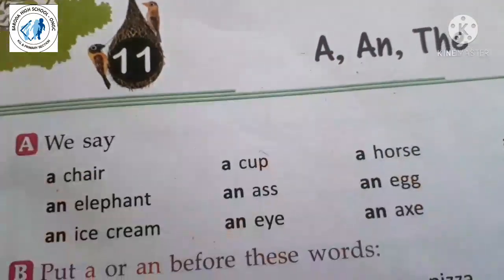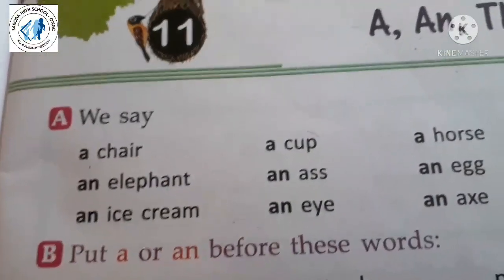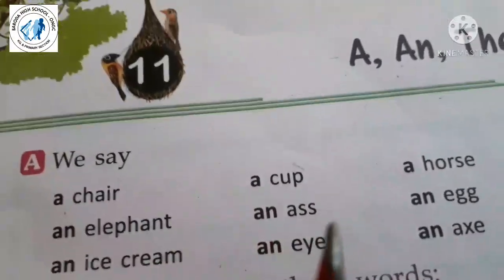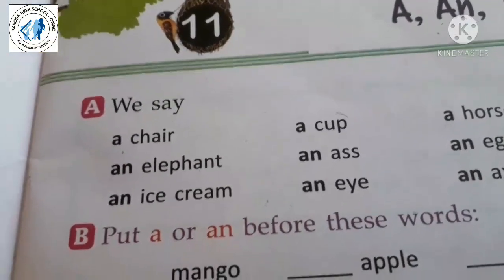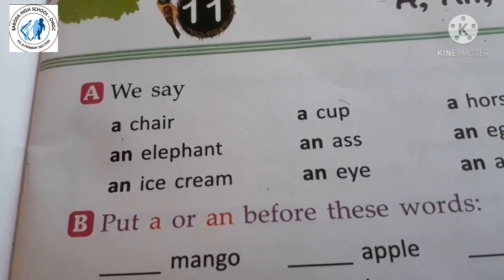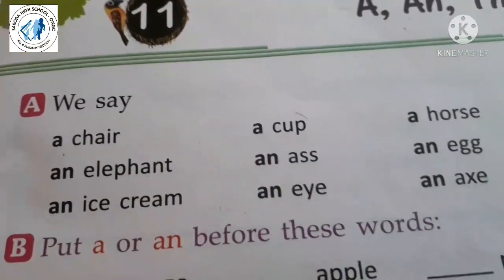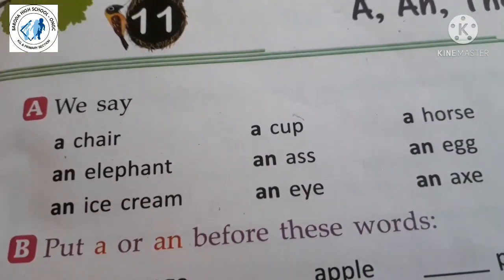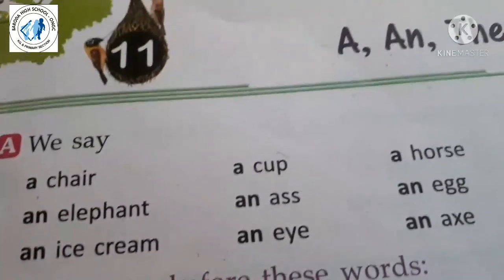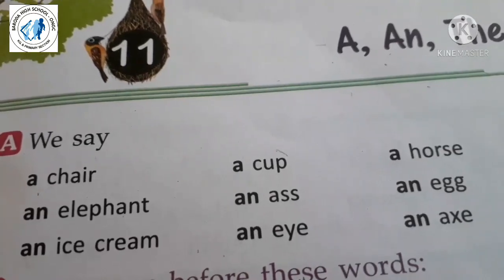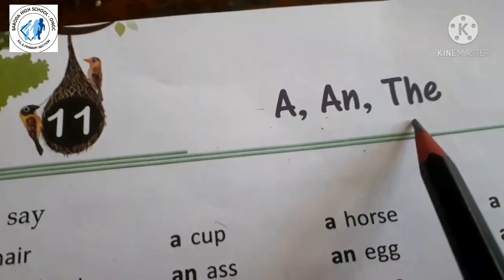Then an. So, an is also used for a singular noun, but we put an before a word that starts with a vowel sound. You all know that there are 5 vowels: A, E, I, O, U. Right? So, if the word starts with the letter or sound A, E, I, O, U, then we put an before that. And you have already seen where we use the.